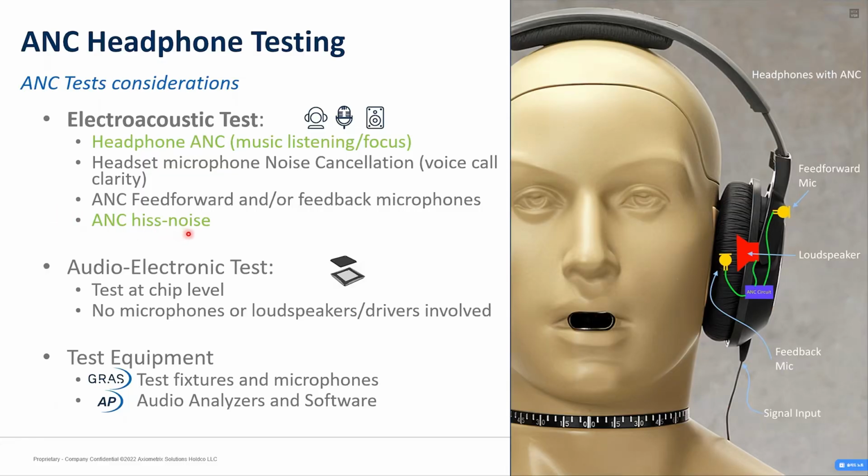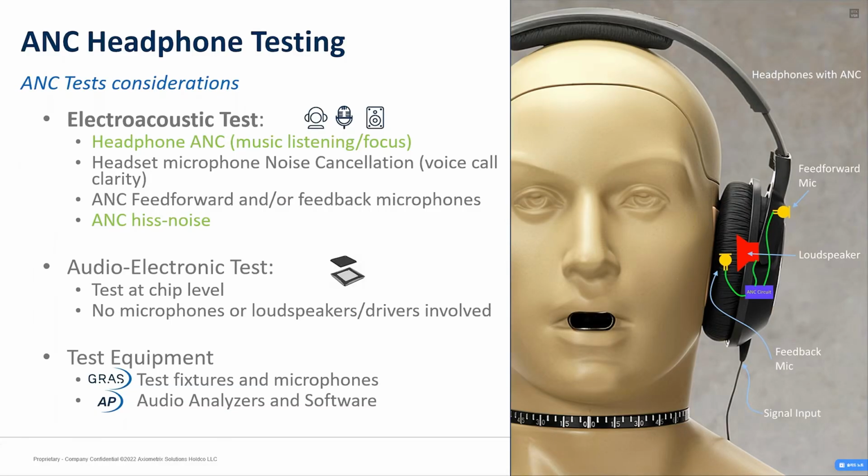And this is by default when we are introducing an active circuit to reduce the noise inside the ear of the person wearing the headset. We are going to introduce some electronic noise that might be amplified by the loudspeaker inside the headset. And this hiss noise might be annoying for the user.